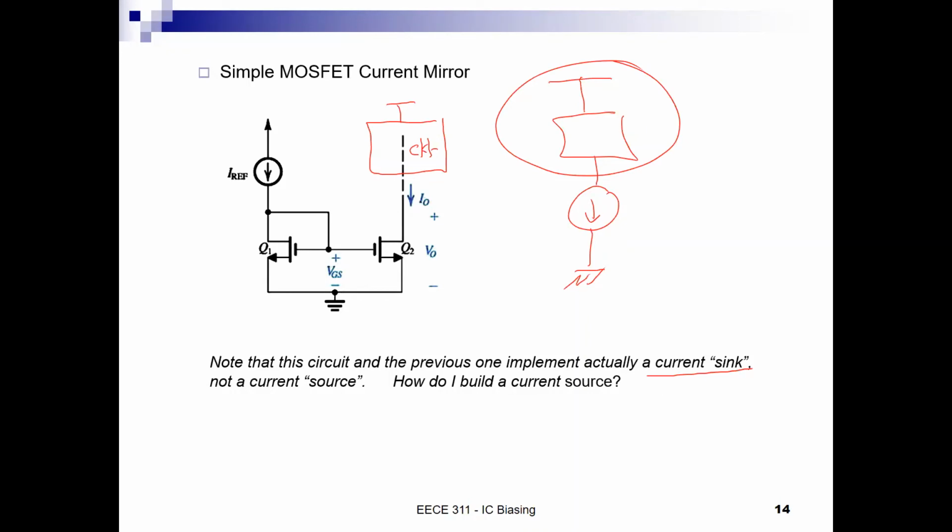How do we envision a current source to be? It should be directly creating or mirroring a current from the supply, passing it to my circuit. Of course, everything has to flow between VDD and ground. So if we use NMOS devices to build a current sink, how can I build a current source?